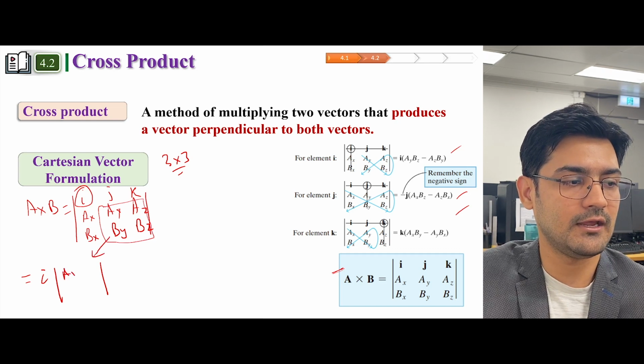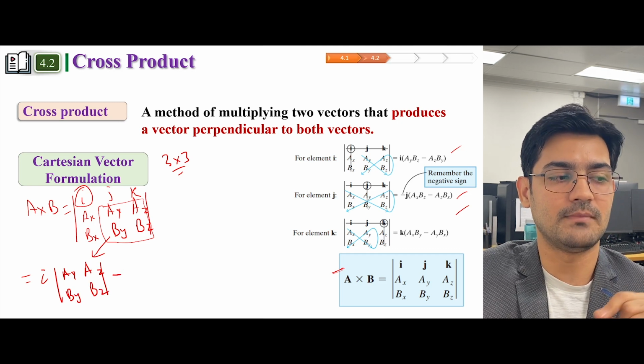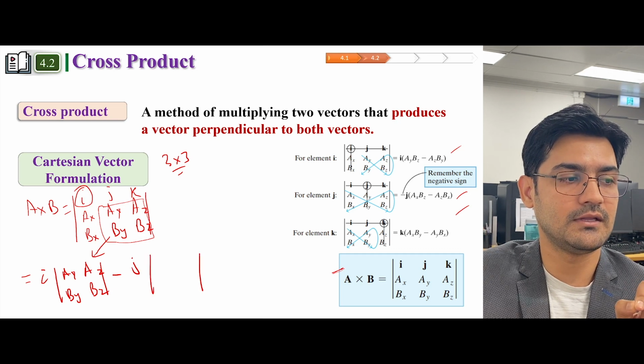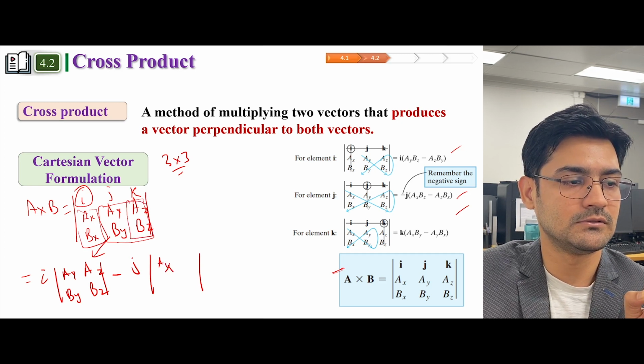So it would be AY, AZ, BY, BZ. Then you put minus, then you put j, and then you put this thing and this thing. So it would be AX, AZ, BX, BZ.